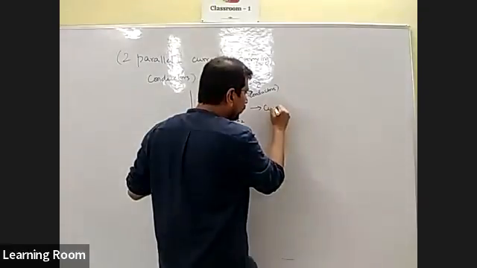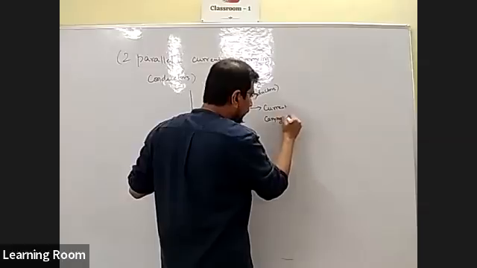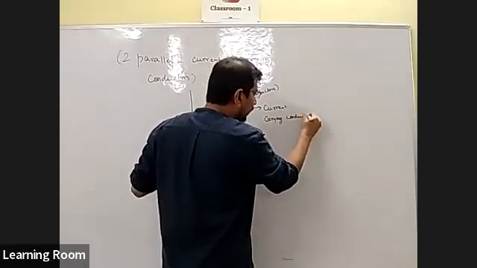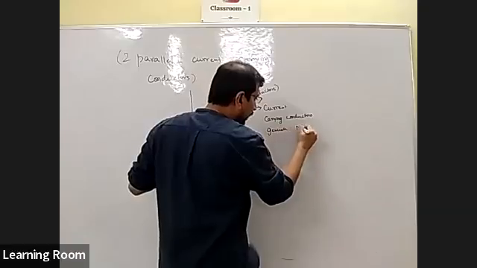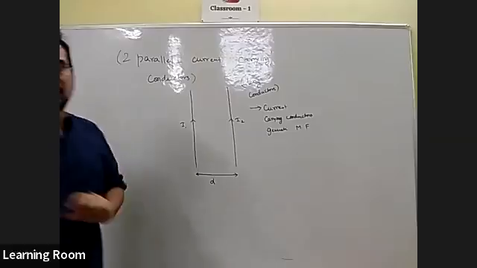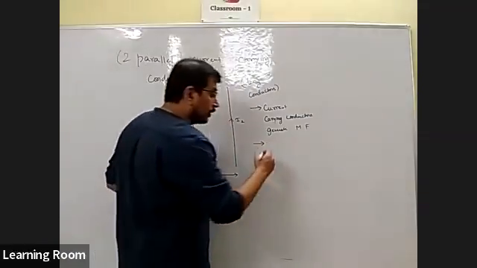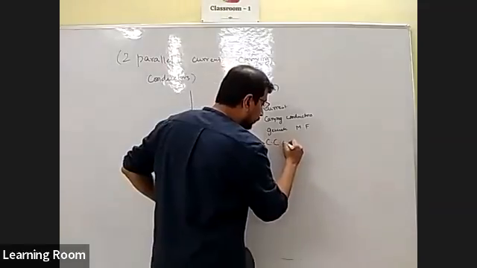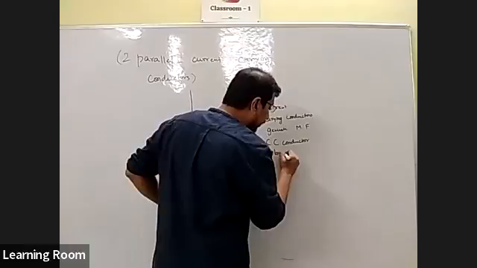One is current carrying conductors generate magnetic field. And the second is a current carrying conductor placed in a magnetic field experiences force.